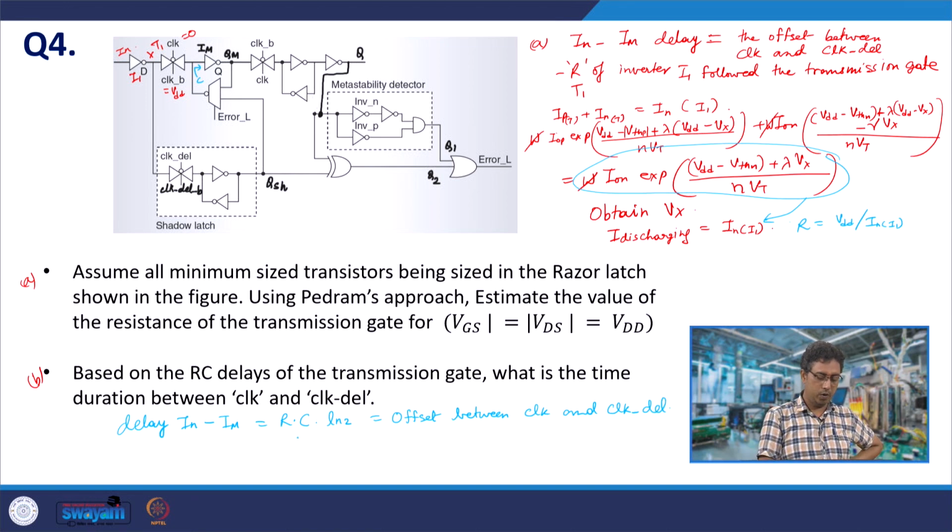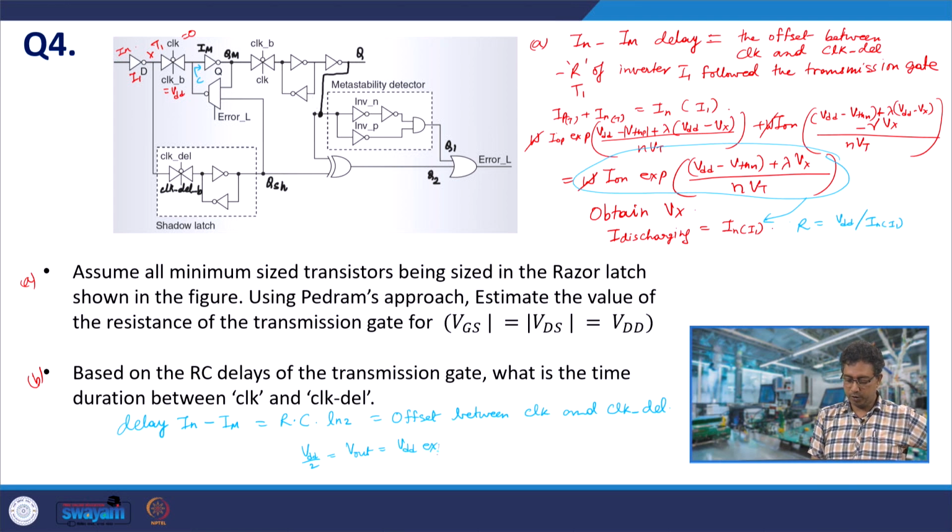So, this we know how we obtained this. This is just by saying that VDD by 2 for 50% delay is equal to V out is equal to VDD exponential minus T by RC, where this T is again replaced by delay.